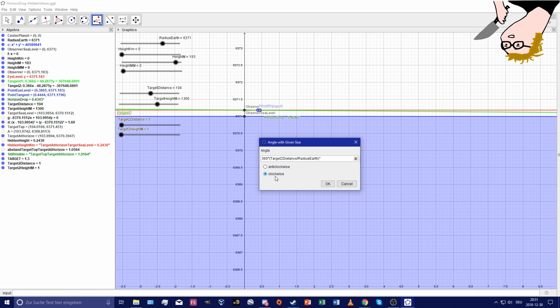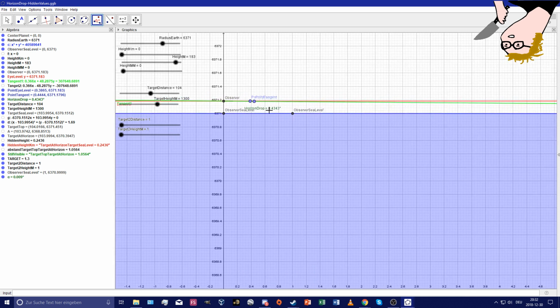There's something missing. Do you notice it? Obviously, we're not dealing with the radius here, but we have to deal with the circumference, so we gotta multiply in here the factor 2 pi. Is this correct? I think it is.